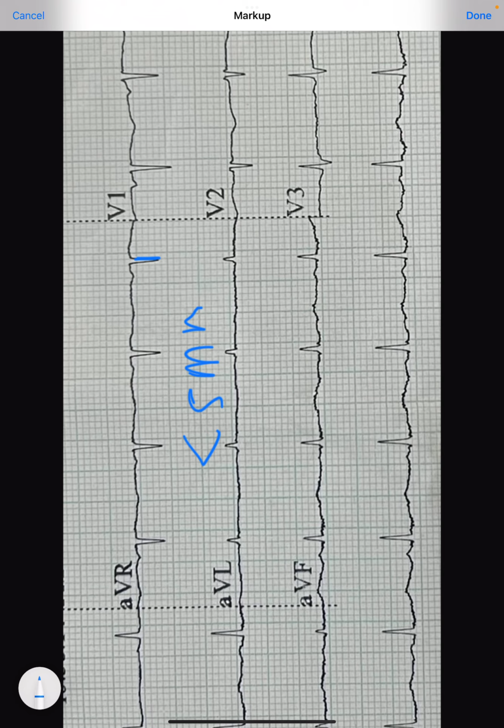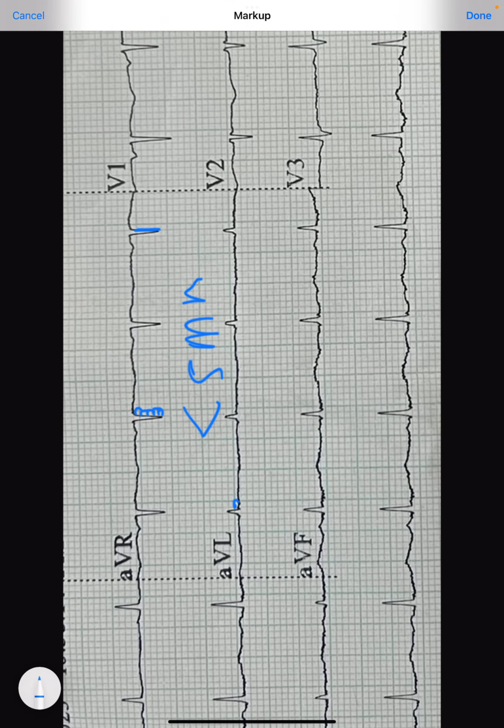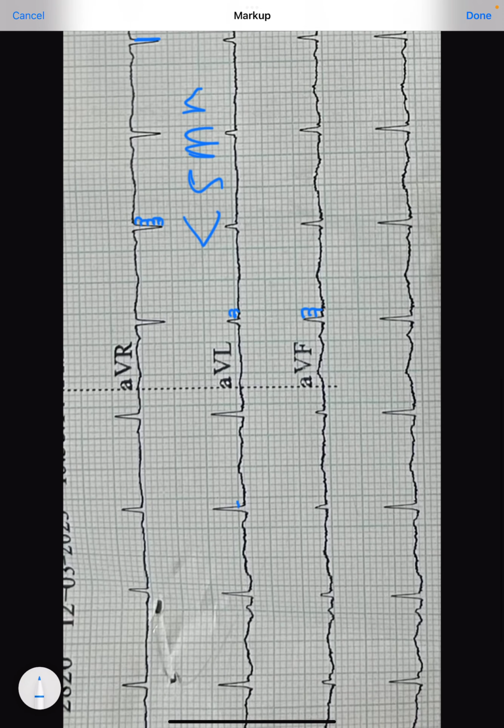If you count, this is 1, 2, 3, 4, and 5. Here it is hardly 1 and 2. Here it is 1, 2, 3. Here it is 1, 2, 3, 4, and 5. Here it is 1, 2, 3, 3.5.